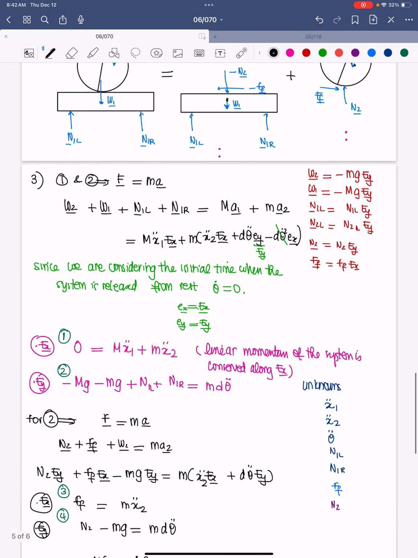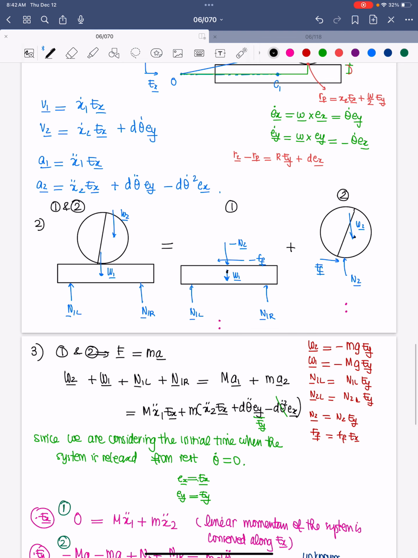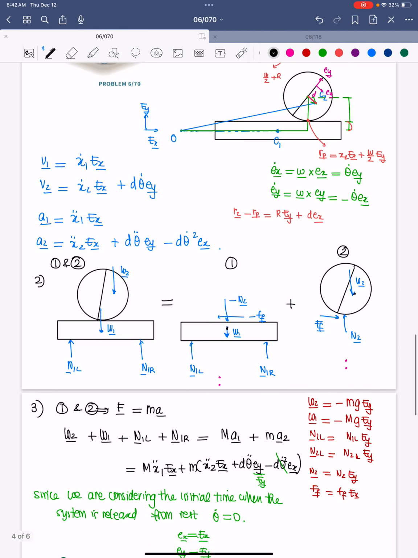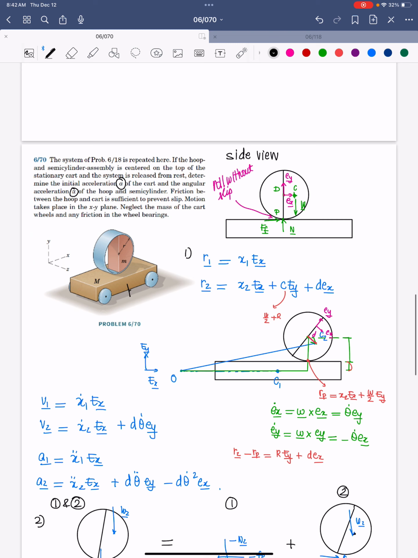Plus the moments of these two. But these distances are not given, so maybe we don't end up using them.